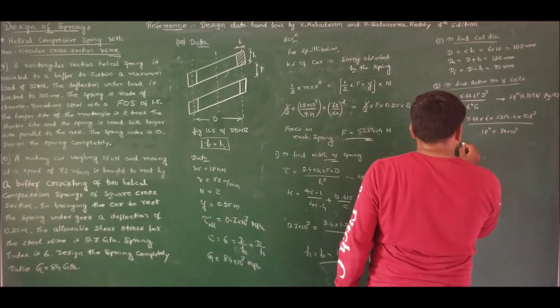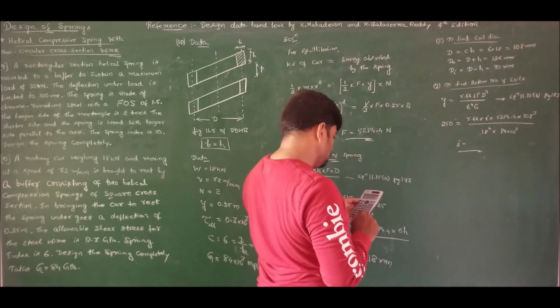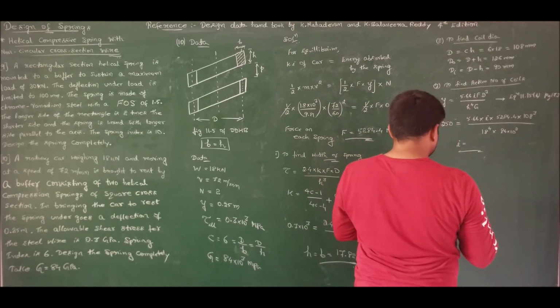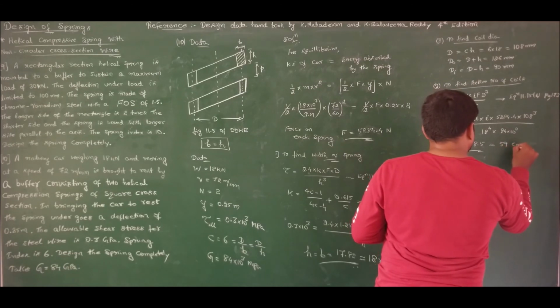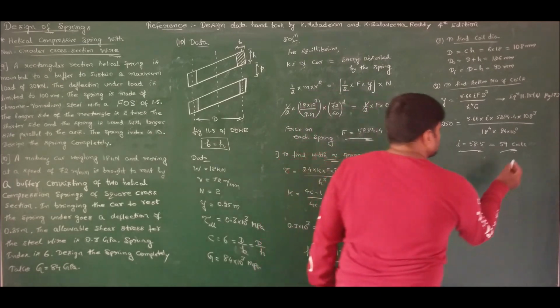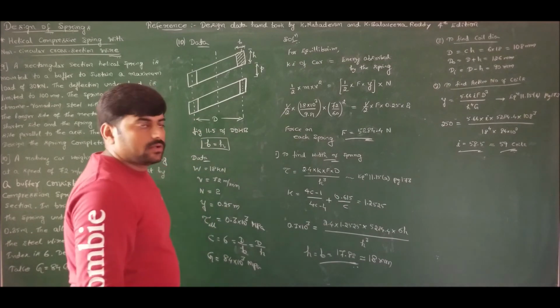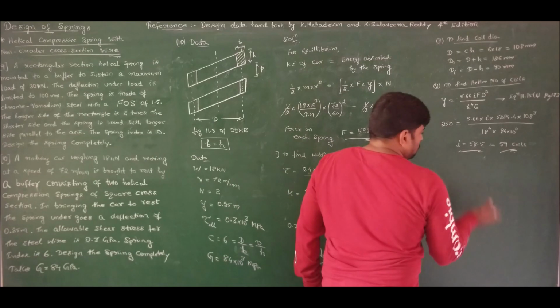If I solve, and we get active number of coils as I, which yields us the value as 58.5, which is equal to 59 coils or 59 turns. 59 turns are required to stop this railway car weighing 18 kilonewtons moving with a speed of 72 meters per minute. Now rest of the procedure remains same.